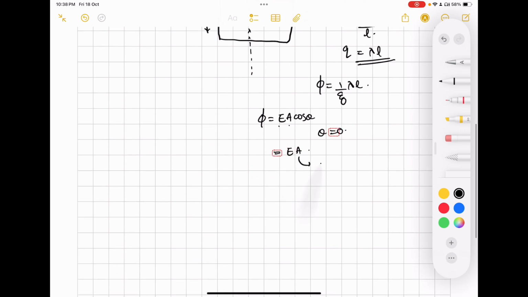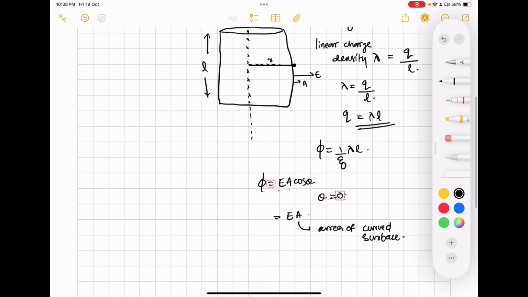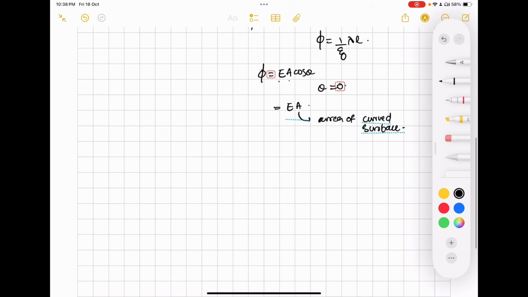A is the area of the curved surface, because electric flux passes through the curved surface only. So that area is equal to 2 pi r into L. So phi is equal to E into 2 pi r L.